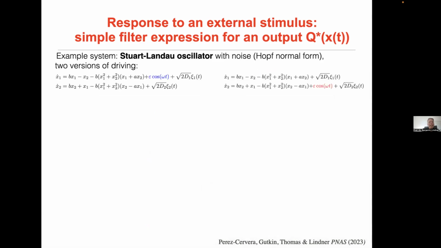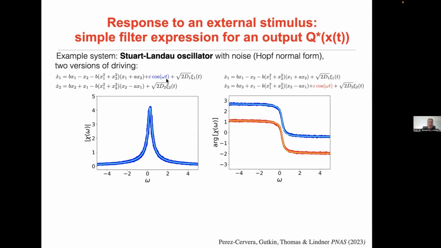Now let's pick a nonlinear example, the Stewart-Landau oscillator, which was an isotropic limit cycle system that we endowed here with a little bit of white Gaussian noise in both components. And here you see that it doesn't really matter whether I apply my perturbation in one component or the other because of the isotropy of the system.